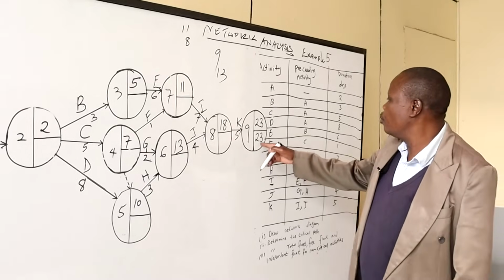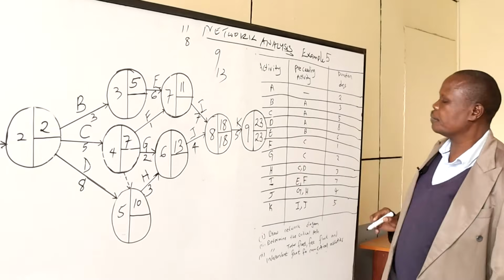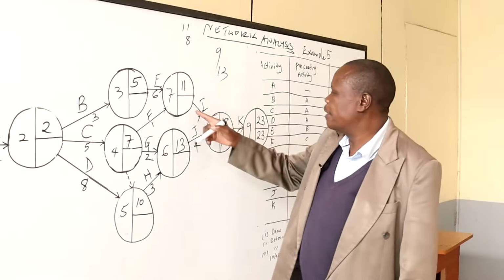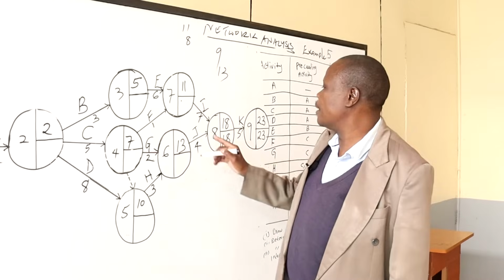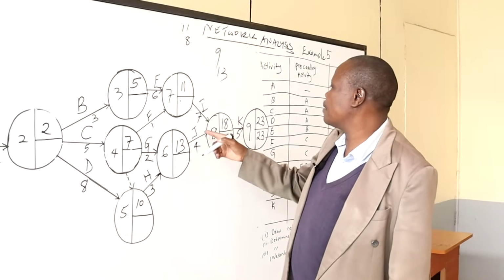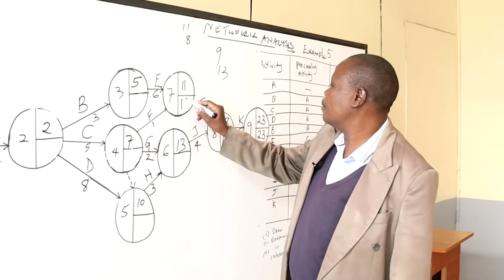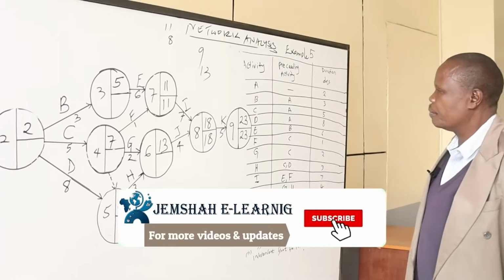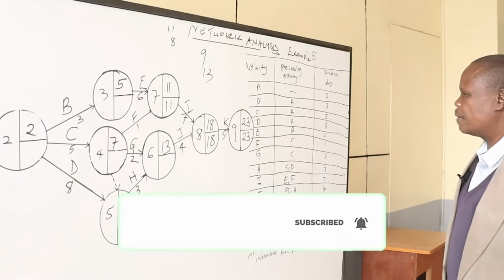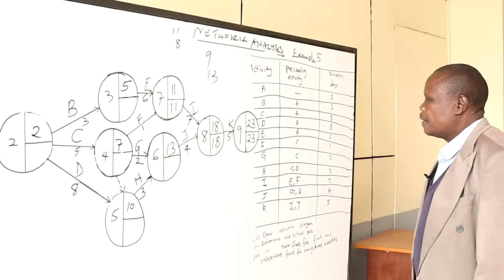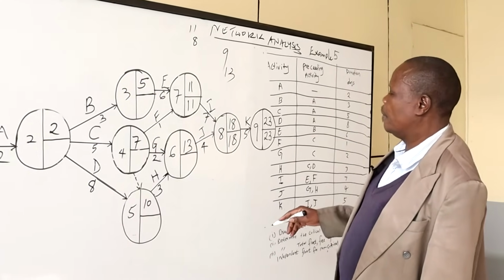minimum duration. 23 minus 5 is 18. We are here. 18 minus 7 is 11.